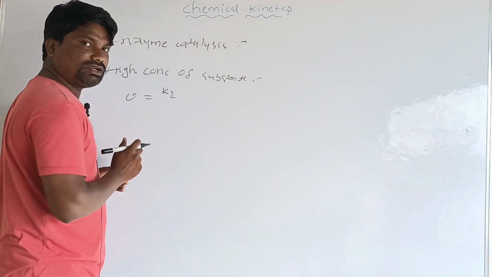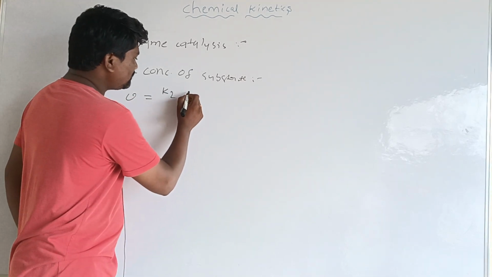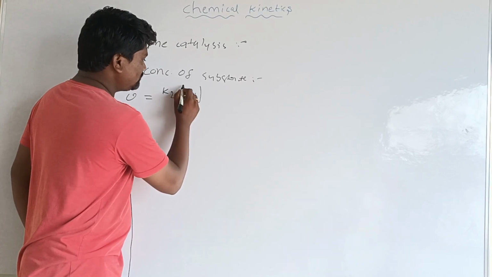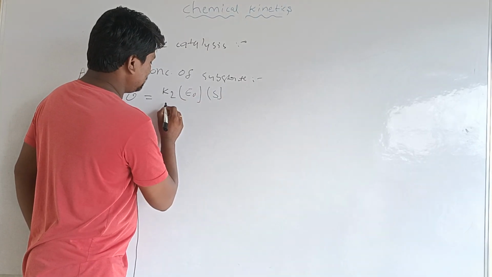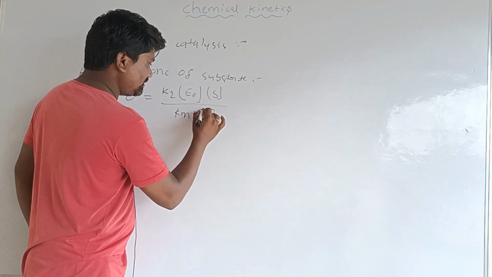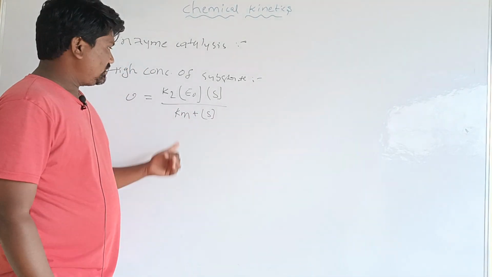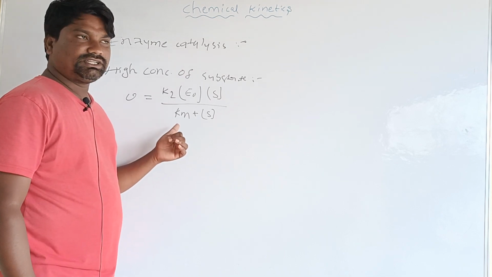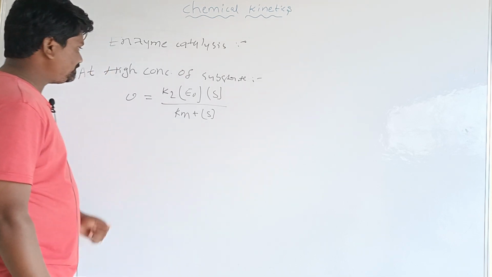Mu is equal to K2 into E naught into substrate by Km plus S. This is the rate of reaction or velocity of the reaction for enzyme catalysis.